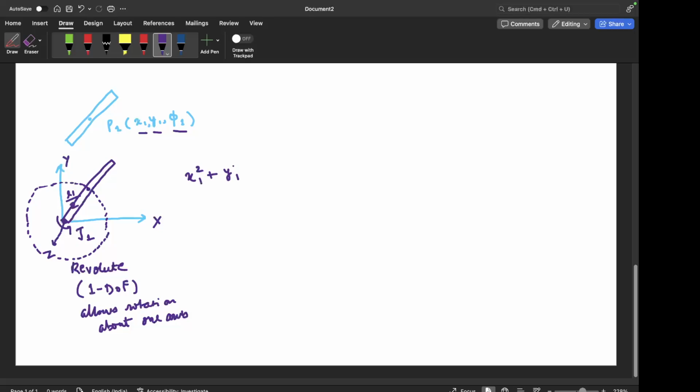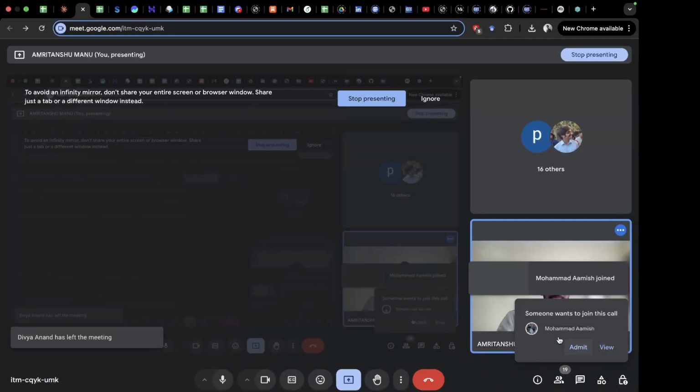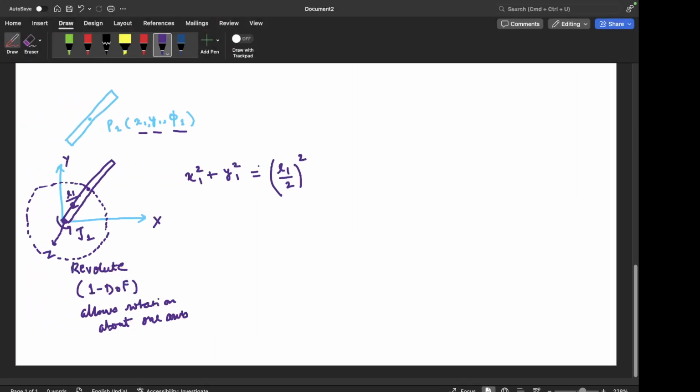So x1 square plus y1 square must be equal to this. So this is the equation of the locus. Locus is basically the path of the center of mass. Okay.